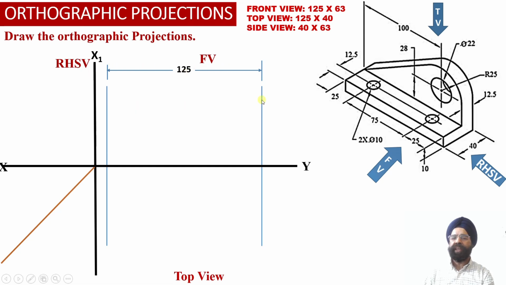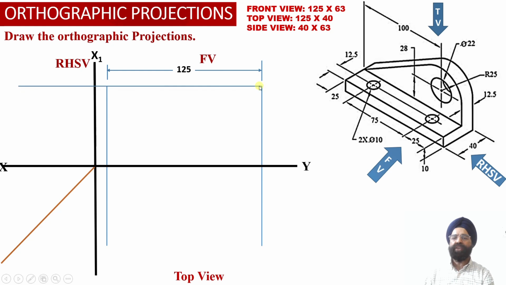Now these two vertical projector lines we have drawn into the front view projection area, and we have extended them into the top view projection over here, because the width of the solid will remain the same in the top view projection as well. Now we know that the height of the solid happens to be 63 millimeter.